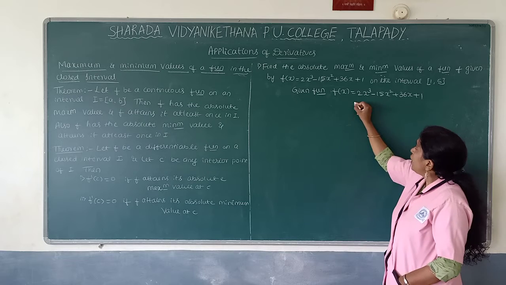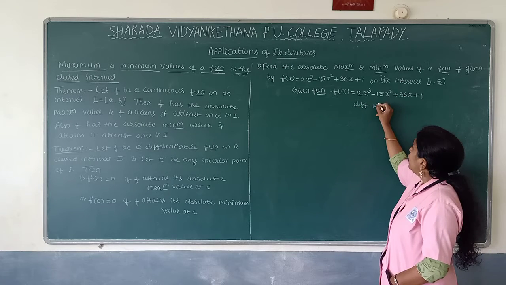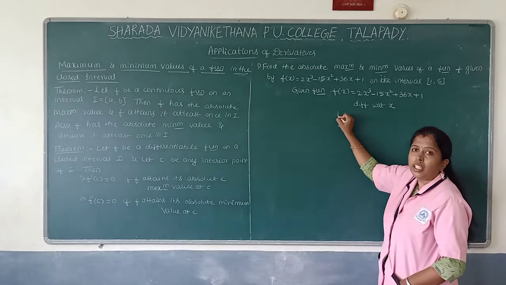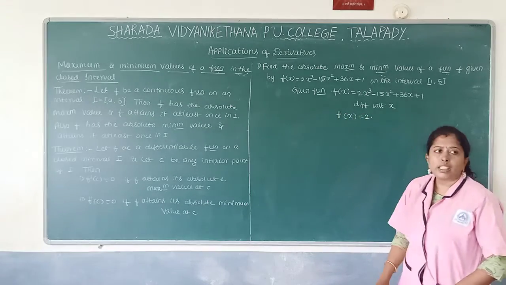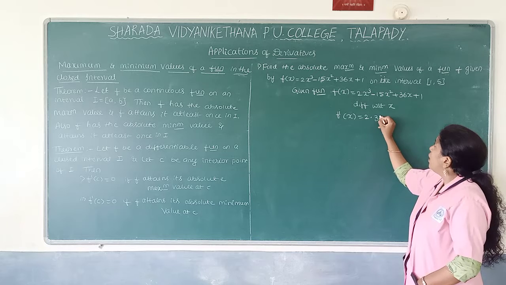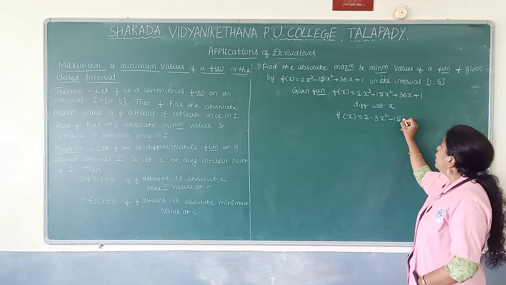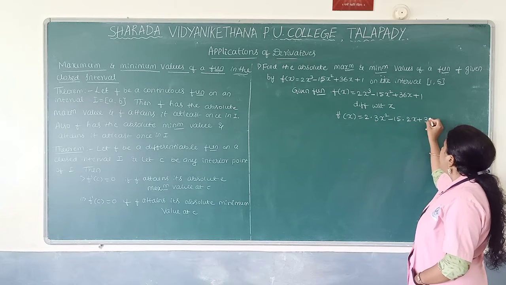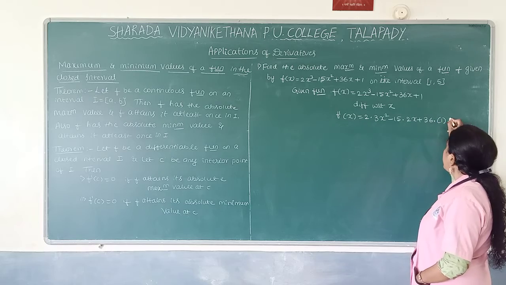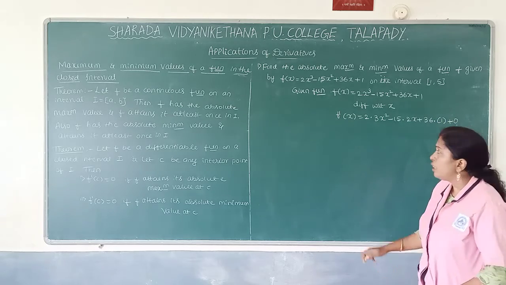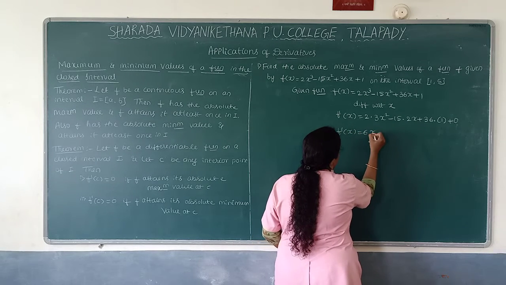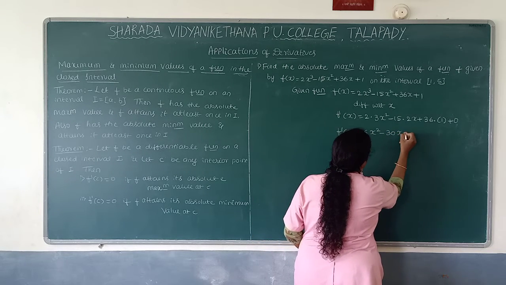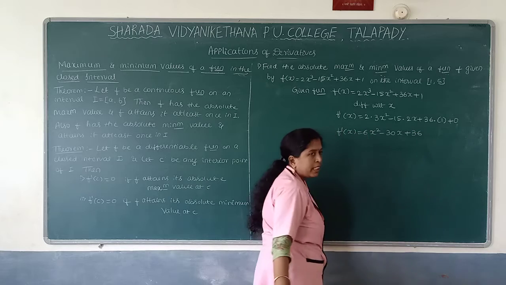Now differentiate this function with respect to x. We will get f dash of x is equal to 2 into x cube derivative 3x square, minus 15 into x square derivative 2x, plus 36 into x with respect to x, value is 1, plus 0. Then simplify: f dash of x is equal to 6x square minus 30x plus 36.